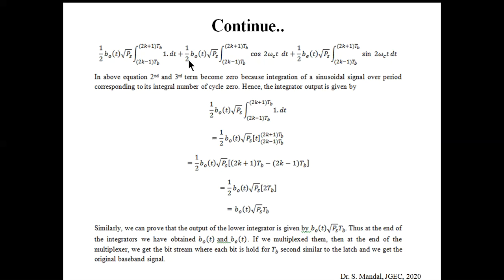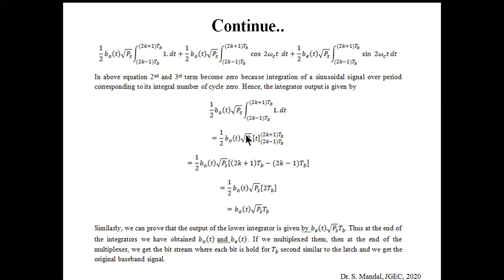Here you can see that there are two integrations that consist of a sinusoidal part. Now we know that the integration of a sinusoidal signal over a complete time period, or over its integral number of cycles, is nothing but 0. So the output of these two integrations is 0, and the output of the integrator will become only this part, half root Ps integration 1 dt.